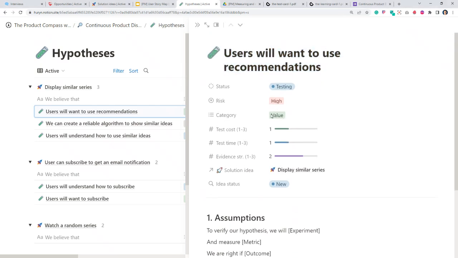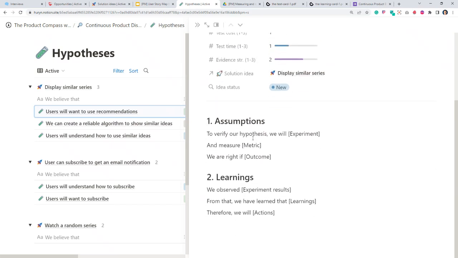And other categories are usability, feasibility, viability, and ethics. And how costly is the test? How much time will it take? And how strong is the evidence that we got? And below we have this form where we can, like in Strategizer cards, just summarize what we know.